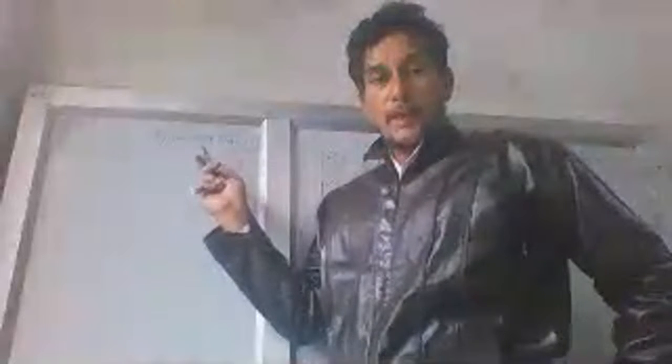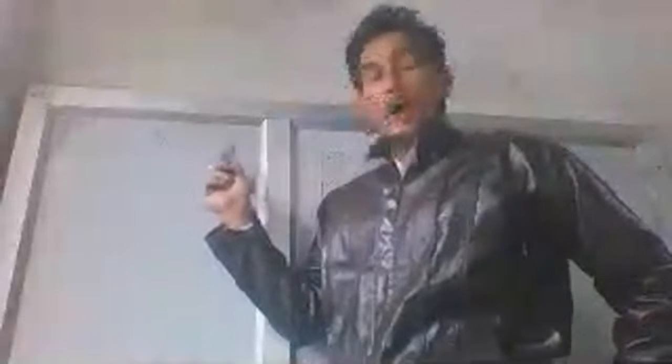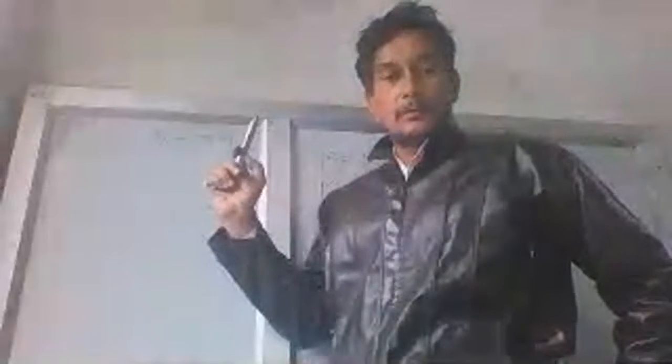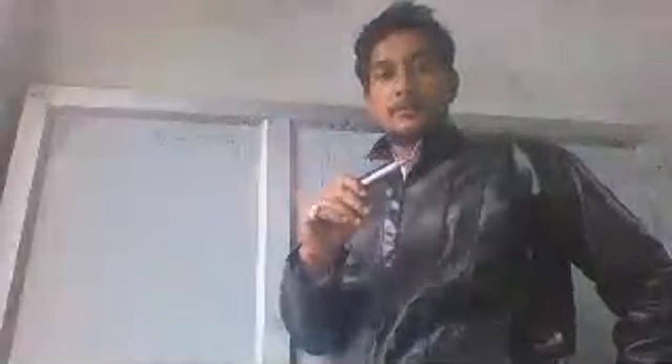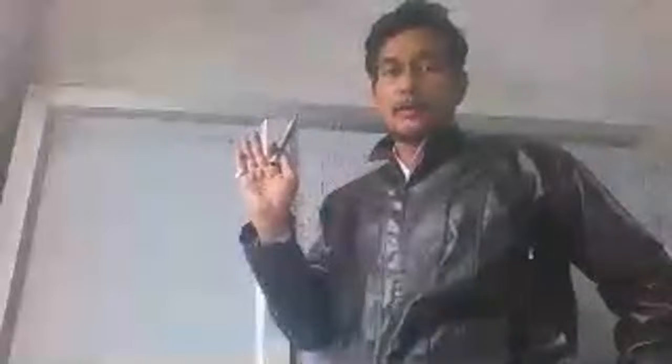Gravity becomes zero, and anything multiplied with zero becomes zero. So in space, the weight of an object becomes zero because the gravity becomes zero. So this much importance is there of G. If G is there, then mass becomes weight. If G is not there, mass remains mass.